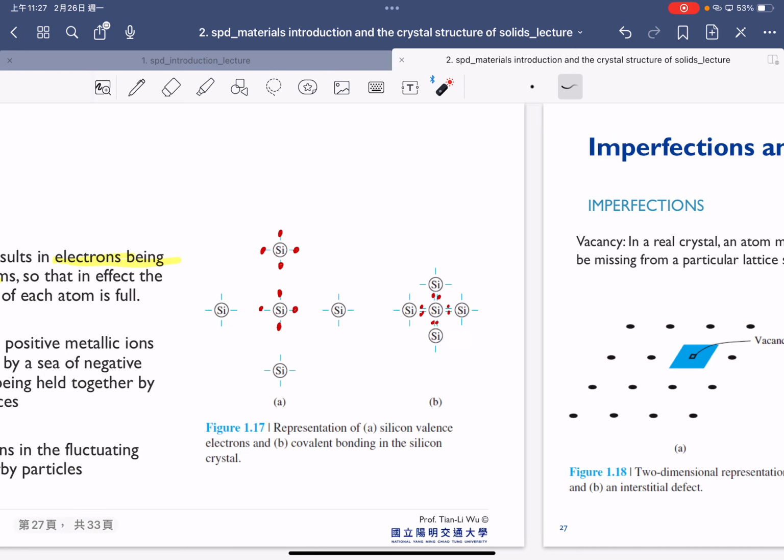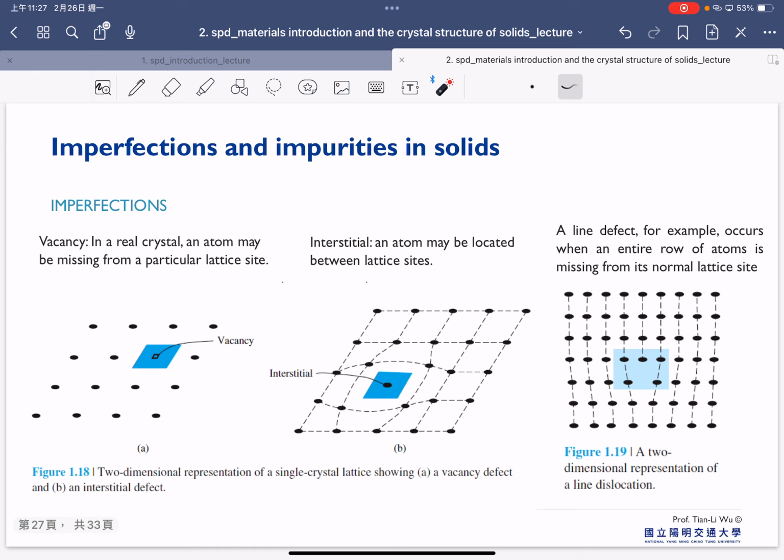So when we consider solids, there are certain things we have to understand. Not everything is perfect. There are always some imperfections and some impurities in the solids. The first imperfection is that they can have a vacancy.